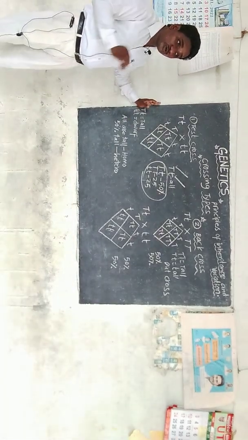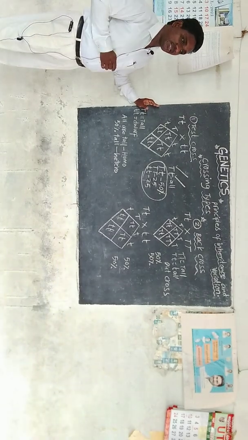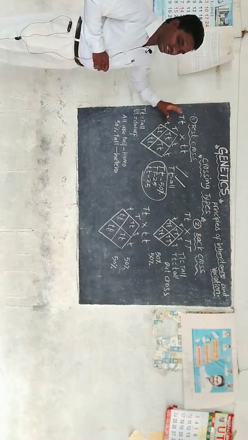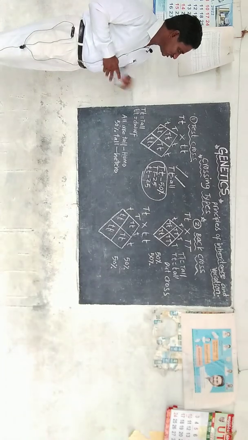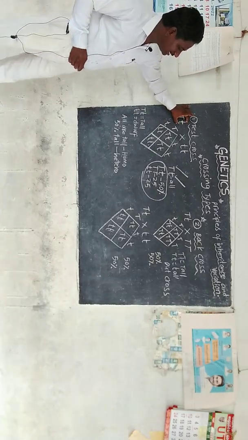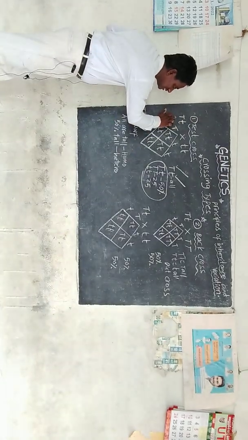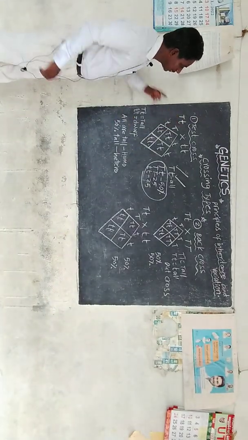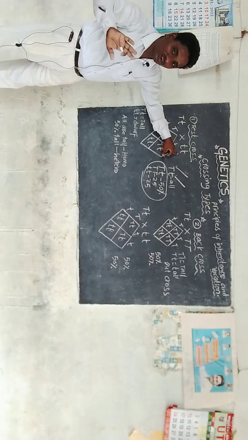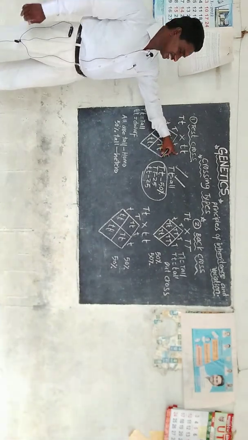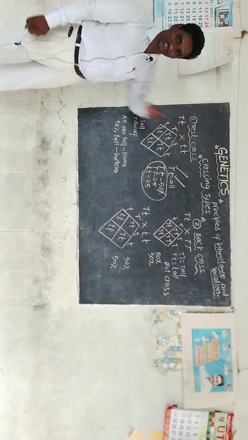So who is going to bring the tallness of the plant? It is estimated and confirmed by the test cross. So we cross capital T, small t, dominant in both generations, with small t, which is not expressed in the first generation. That's why this cross is called a test cross.